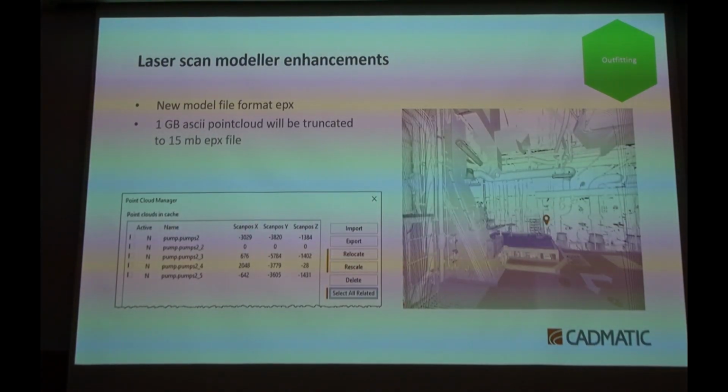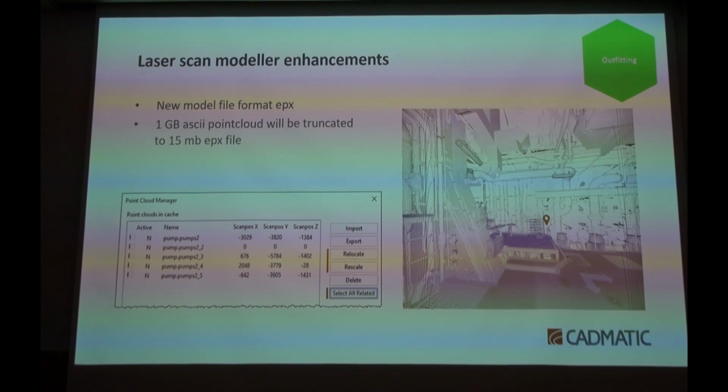And last but not least, we have had laser scanning possibility for a long time. Now we have really nice new features in eShare and in our design tool to reduce the point cloud dramatically.